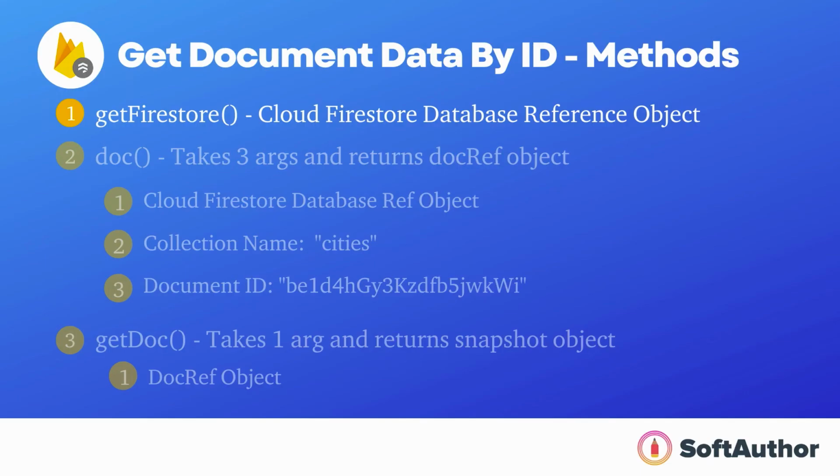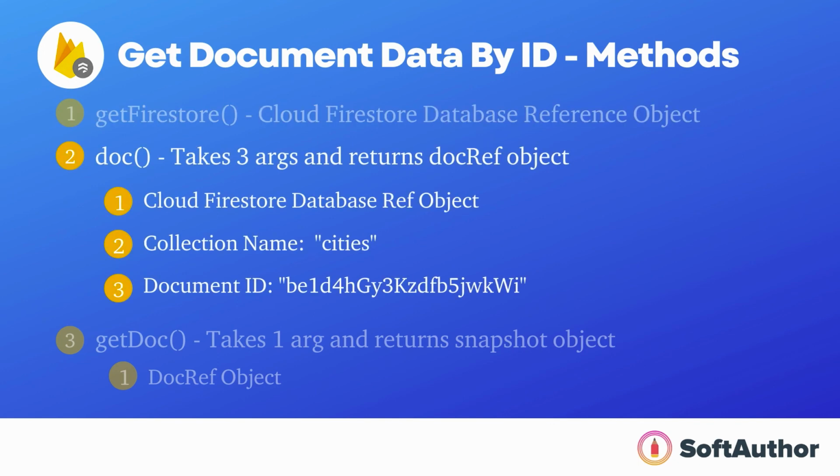Okay, to get a specific document from a collection in Firebase 9, I will need three methods. The first is the getFirestore method, which will return a Firestore database reference object. The second one is the doc method. This method will take three arguments. The first one is a Firestore database reference object. The second one is the collection name that we want to get one of its documents from.